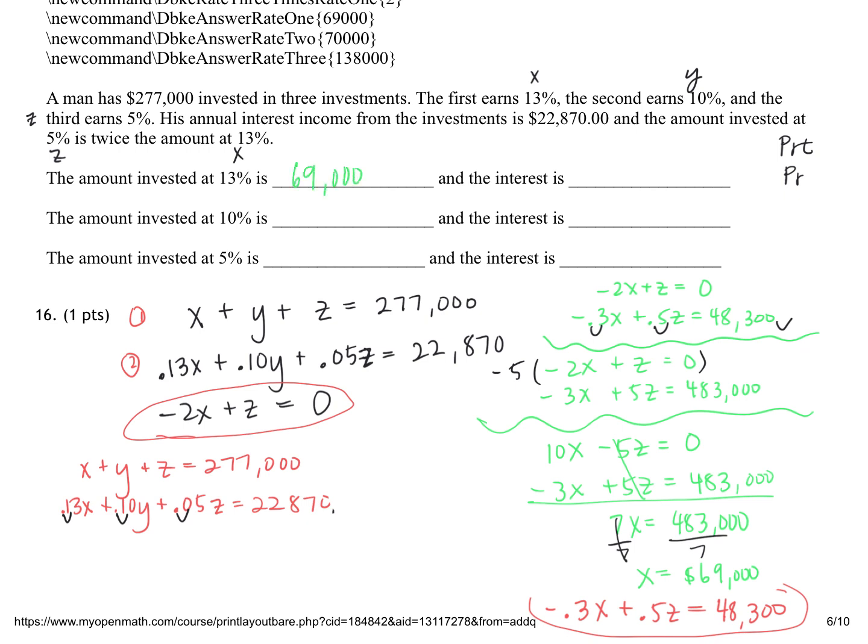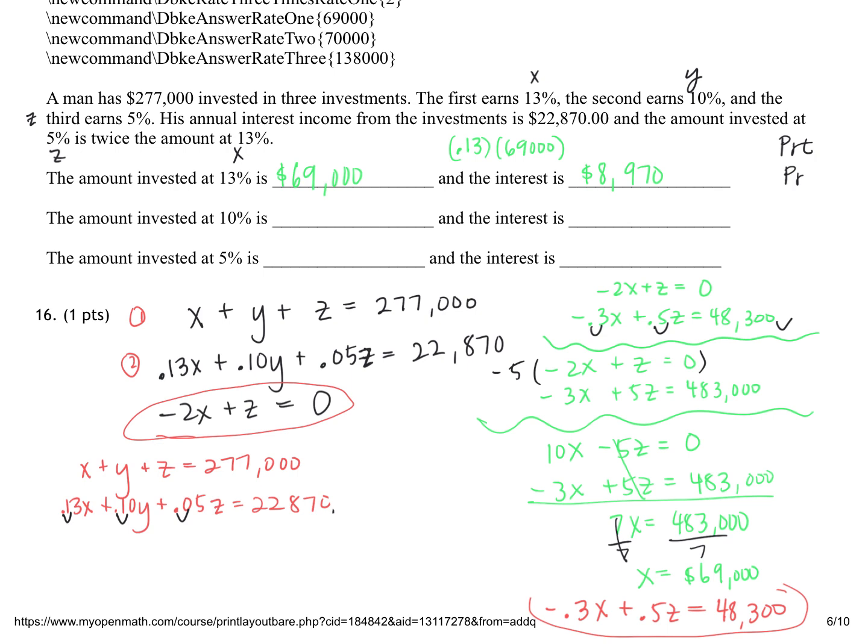So that's how much they invested. If I want to know the interest earned, I would multiply that principal, the 69,000, times the 0.13 to see how much is earned in that 1 year. And when I do that, I get $8,970.